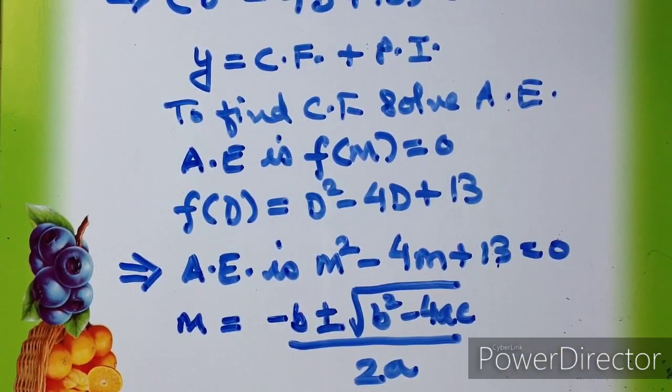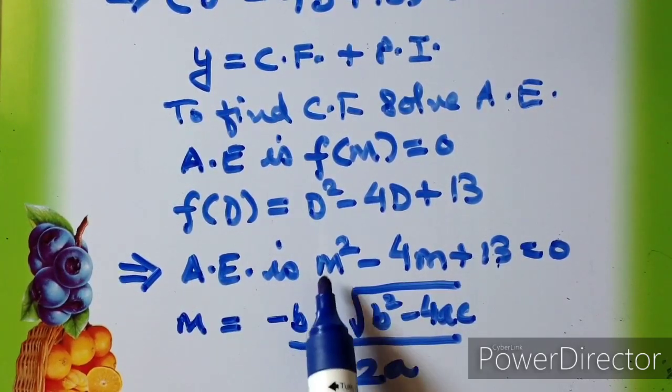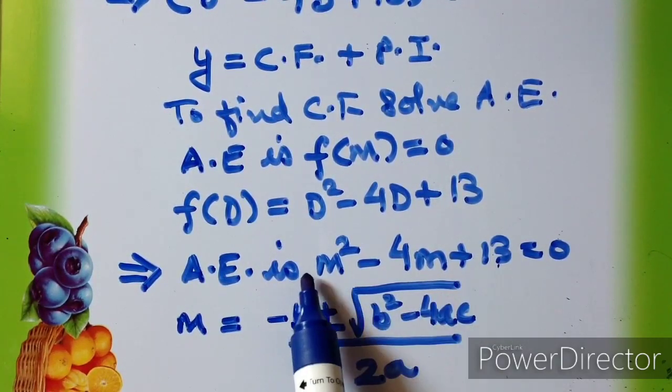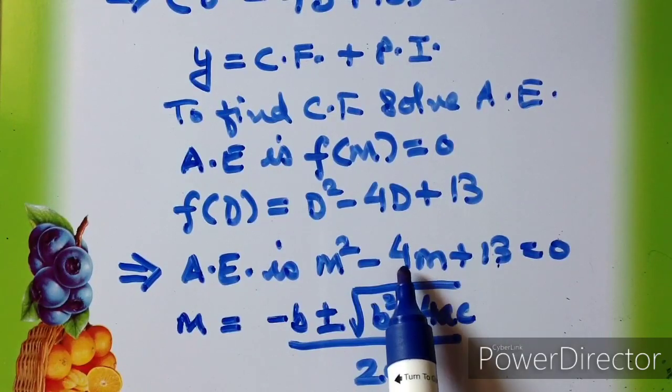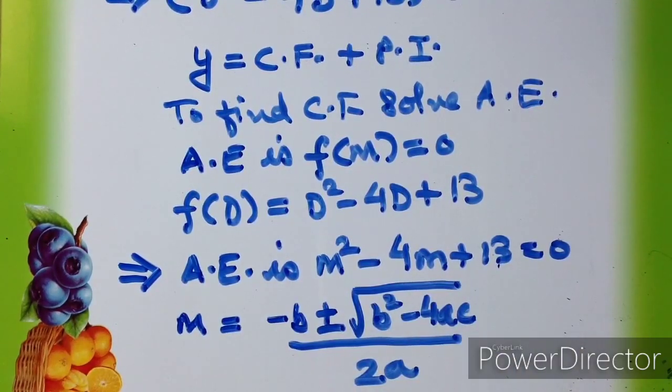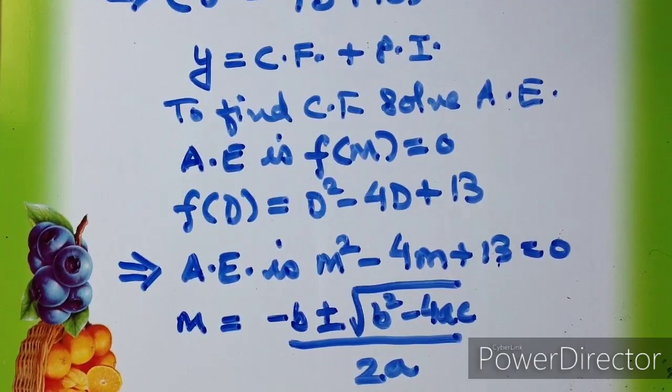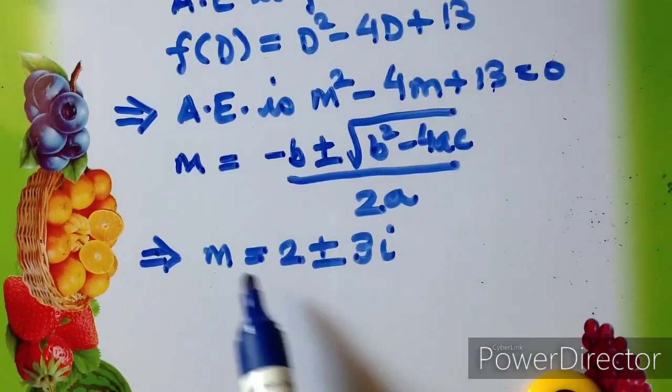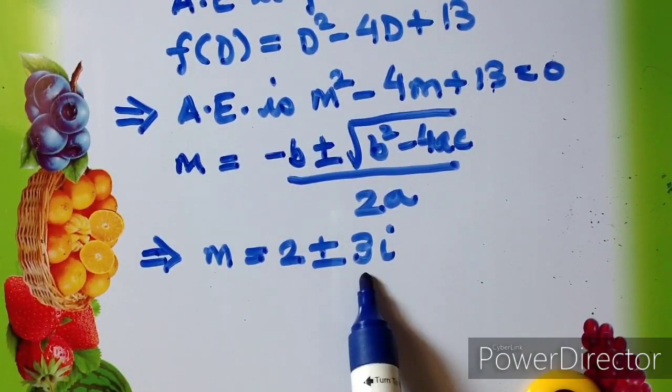Substituting a is 1, b is −4, and c is 13, once you solve this, you will get m = 2 ± 3i.